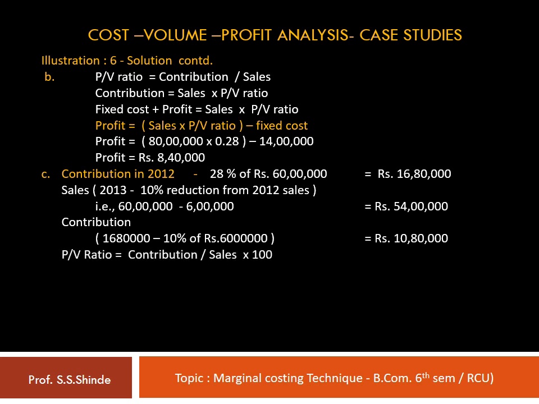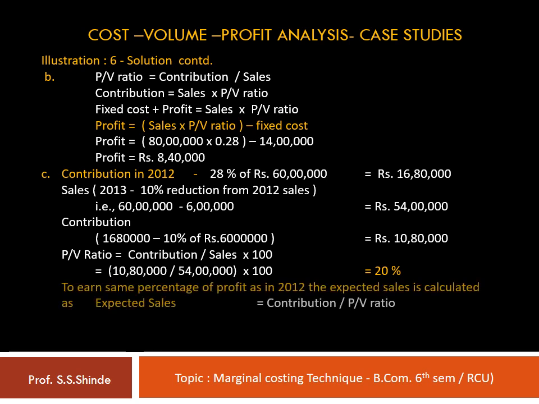Therefore, we calculate the PV ratio is equal to contribution divided by sales into 100 to convert it into percentage. Therefore, we get it as 10 lakh 80,000 divided by 54 lakh into 100, that works out to 20%.